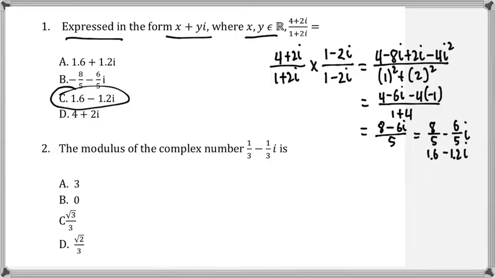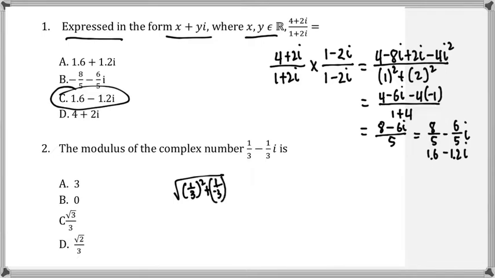Then we have question 2. In question 2, it says the modulus of the complex number. Finding the modulus of a complex number is the same as finding the length, and that formula is given by the square root of the real part squared plus the imaginary part squared.